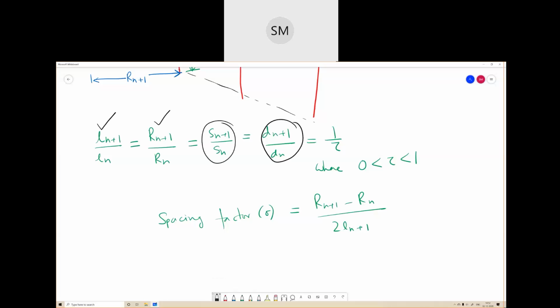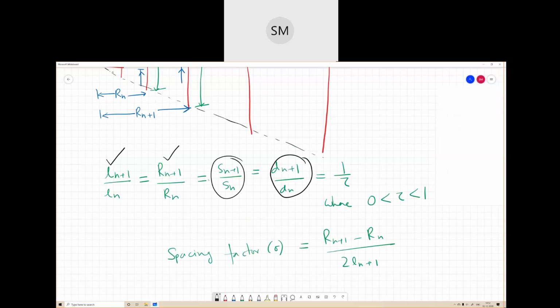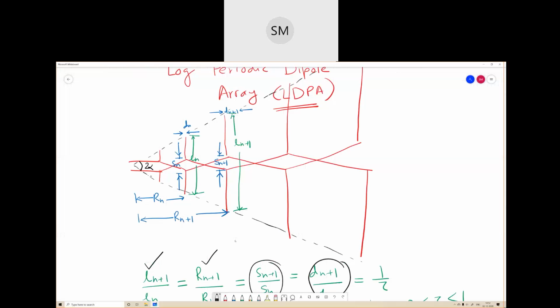They must be. The second striking feature is, see how the elements are connected. Okay. Note that the two subsequent elements are connected 180-degree out of phase. Can you see that? The current fed to two subsequent elements are 180-degree out of phase.